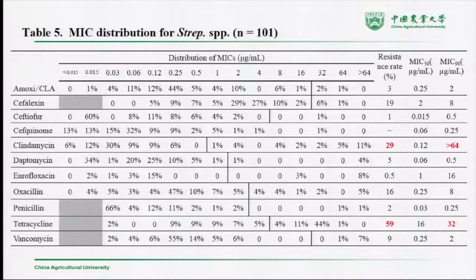And this is the MIC distribution for Streptococcus species, and resistance to tetracycline, about 60%, was the most common, followed by clindamycin, about 30%. For the MIC value, the highest is clindamycin, more than 64, followed by tetracycline.